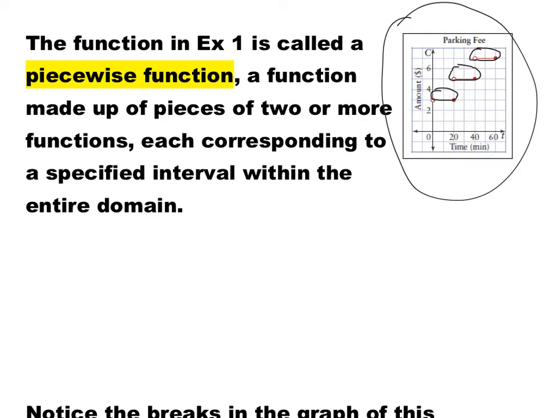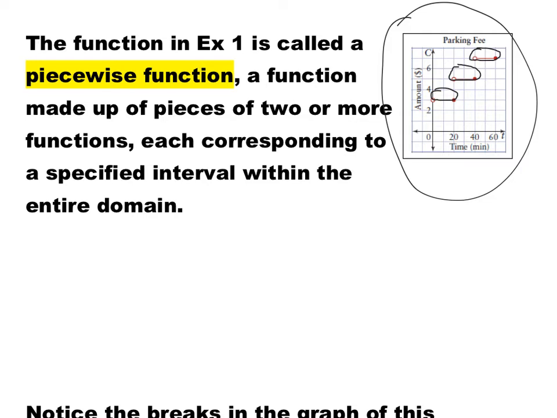Notice that the function is discontinuous because, as we said before, if we wanted to plot this graph, we would have to raise our pen to go from one part to another one. Or, as we said before, because at the points 20 minutes and 40 minutes, the left and right hand side limits are not equal, the function is discontinuous.